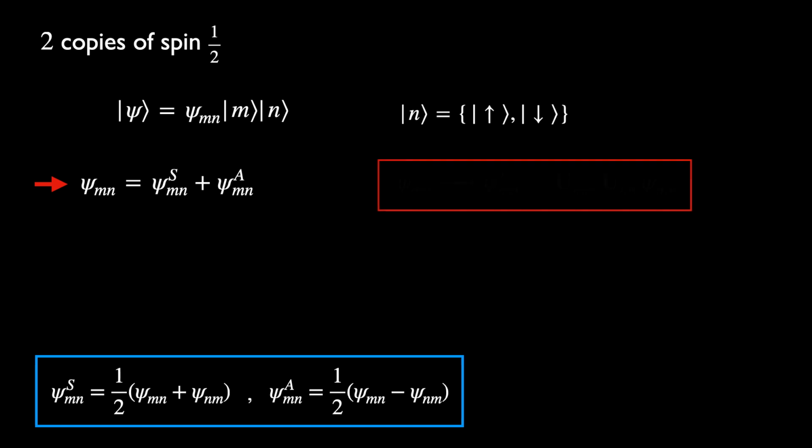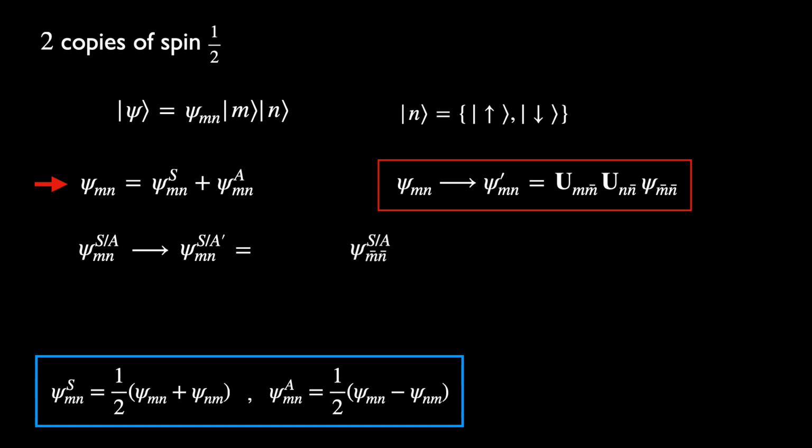It is easy to show that this symmetry or anti-symmetry remains unchanged by any linear, identical transformations on each individual index. For example, as represented by a matrix, the matrix U in our case, but this could in fact be any general linear operation as long as all the indices are acted on by the same matrices.